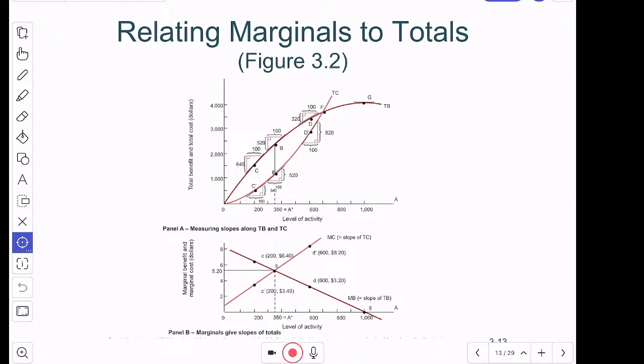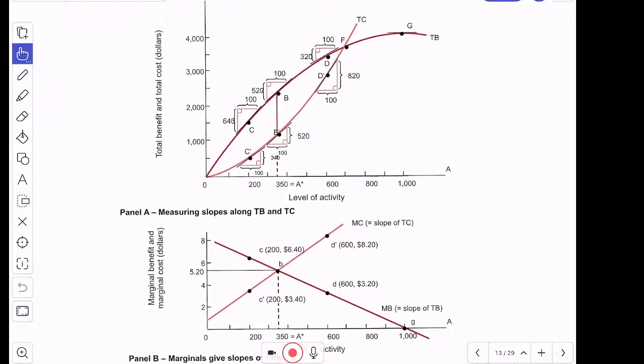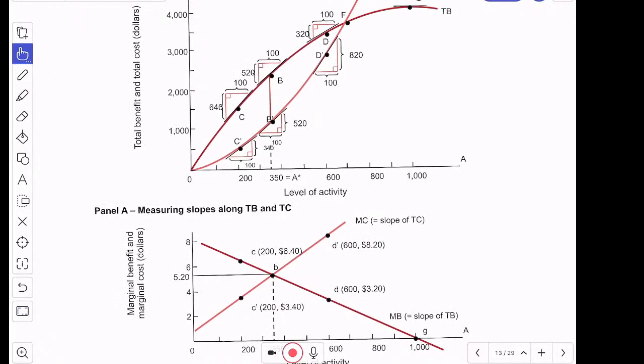So what's done here is this chart. Now, remembering the curves, these are curves here.